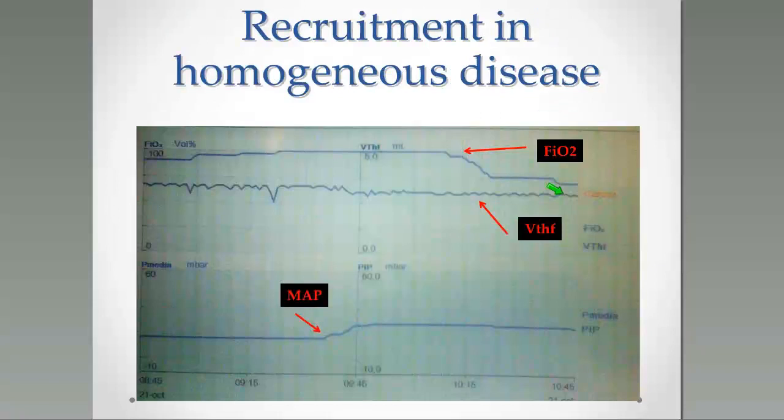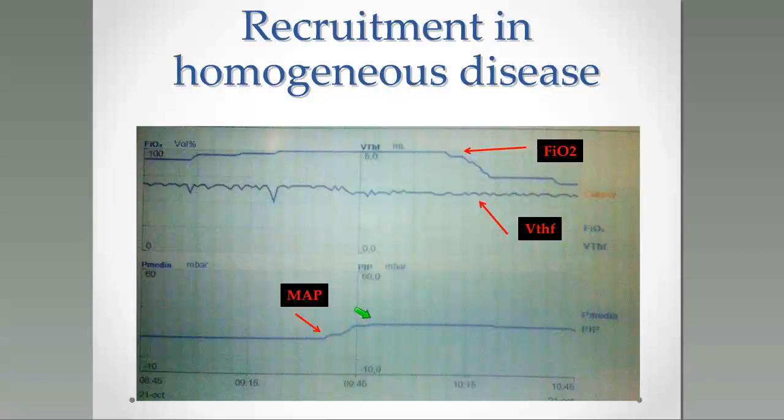And lastly, this is another example. You can see here FiO2 in a baby with a severe respiratory distress and a very homogeneous disease. And here you can see how we increase step by step mean airway pressure from here to here, and then up to here and up to here. And then we found what we call the improvement in oxygen saturation.